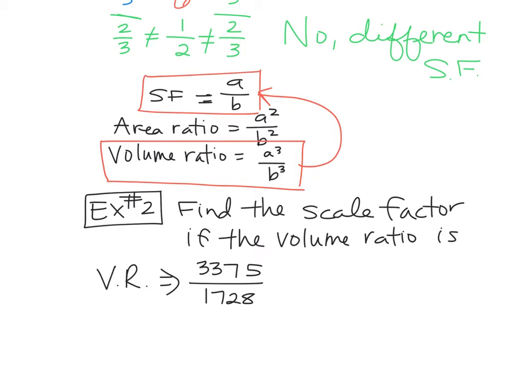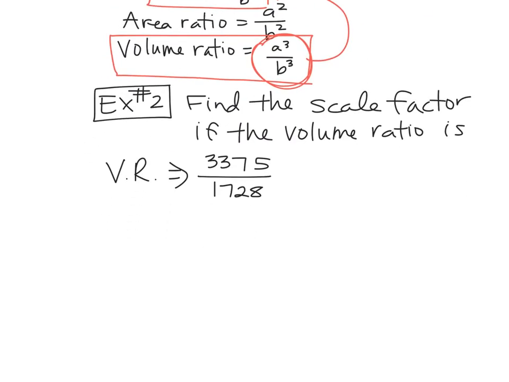What would I have to do to this one, A cubed to B cubed, to make it A to B? You have to do the cube root, right? Yes. So what you're going to do is take the cube root of this. Now, you can plug it into your calculator, but it's probably going to give you a decimal if you plug it in like that.